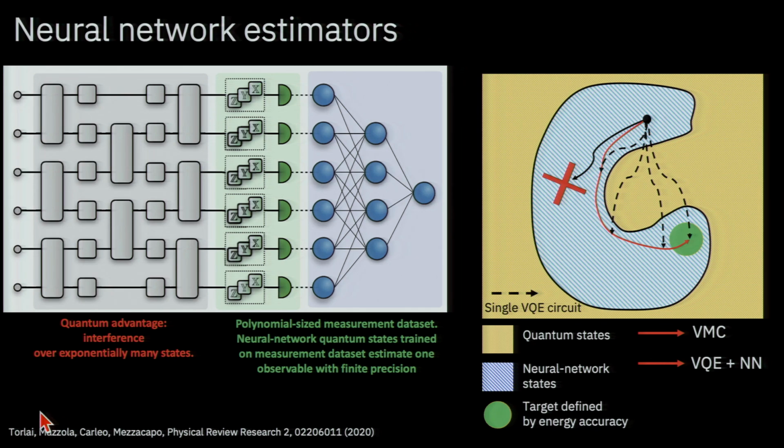So here in this work, what we did was we took circuits that were producing approximate ground states for some molecular systems, and we fed the outcome of quantum measurements on these circuits to a classical neural network model that was encoding a quantum state, the so-called neural network quantum states.